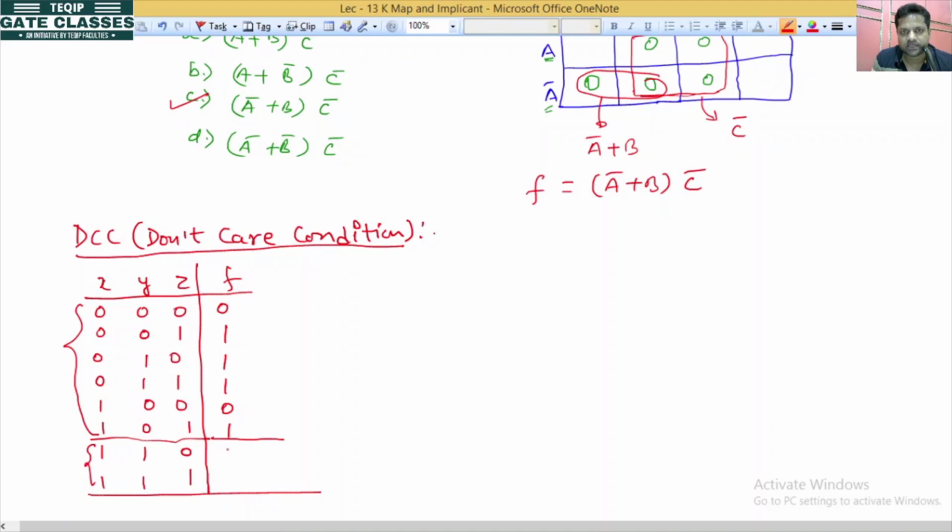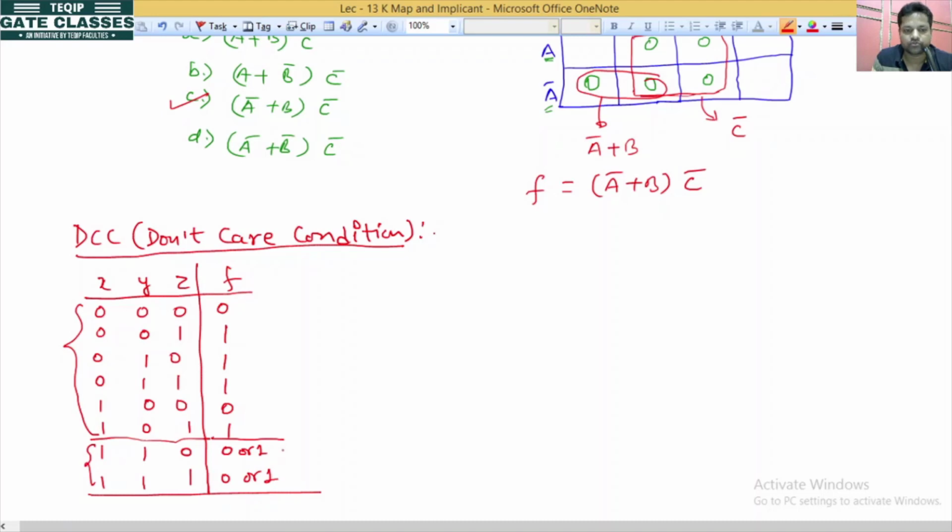Or you can say the best way to describe it is that you never apply these 2 inputs on your circuit. So these 2 inputs that can never be applied on your circuit are known as don't care condition. So either the output will be 0 or 1.